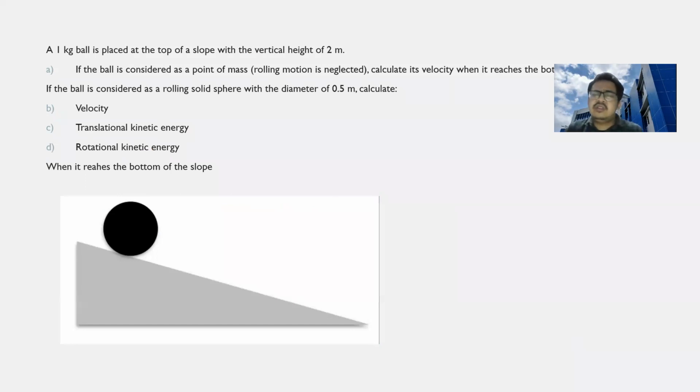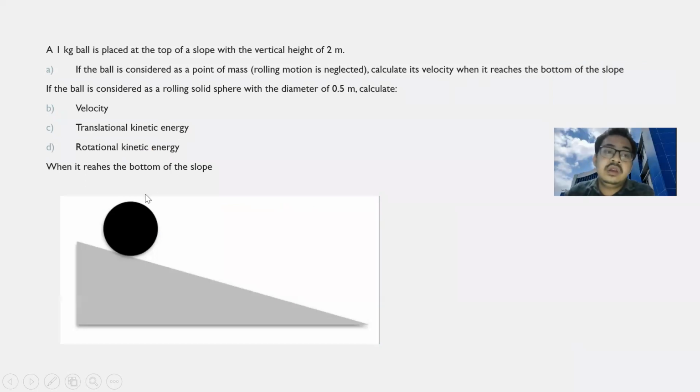Okay, let's say that this is an exercise before you will have a final exam. So I will explain to you the problem. This is a ball with the mass of 1 kilogram. We put it at the top of a slope.